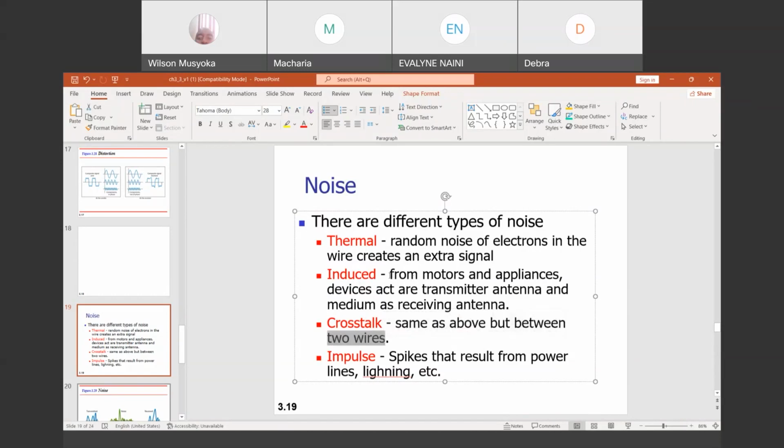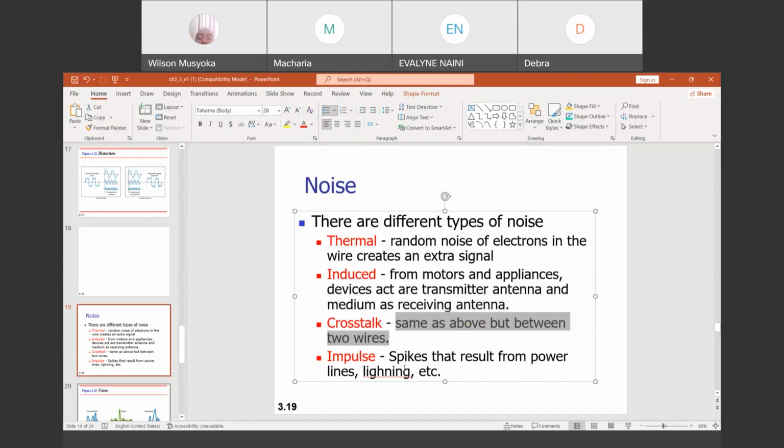So induced is with wireless, whereby we are talking about sending and receiving antennas, and there is also some other transmission that will be happening in between the sending and receiving antenna. That is where induced noise comes in. So when we are talking about crosstalk, it is two transmissions in two different wires, but they are interfering with one another. That is what becomes crosstalk.